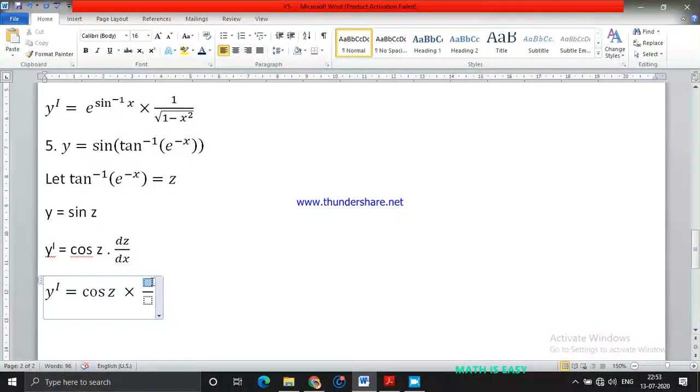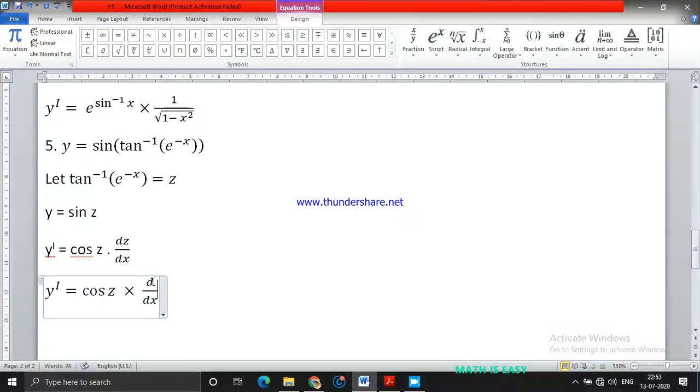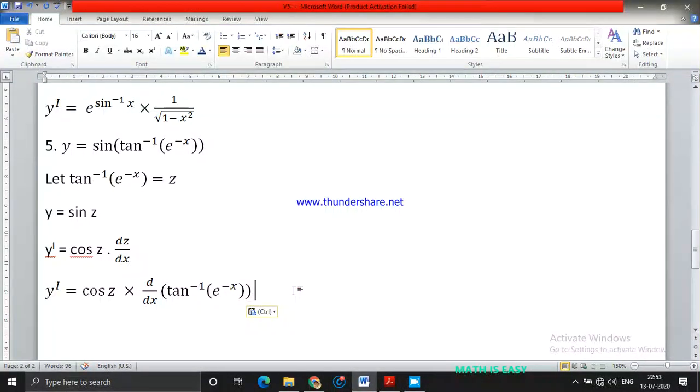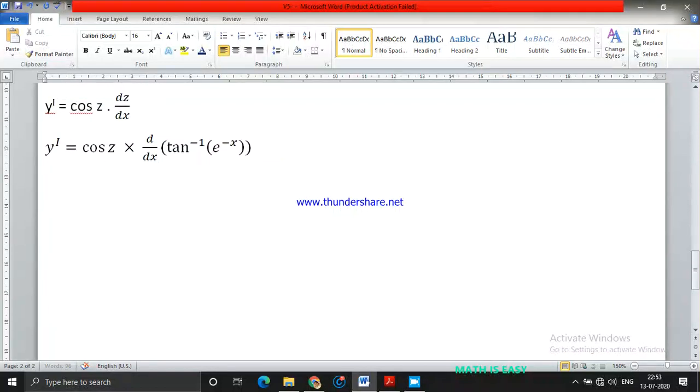Here it will come d by dx of tan inverse e power minus x. The cos z will remain as it is, no change in this function.